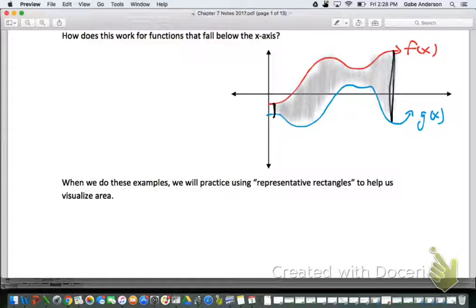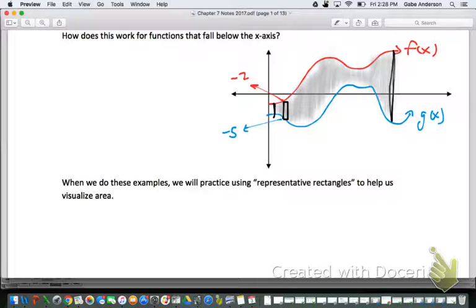So how does this work out for a representative rectangle? I'm going to look at a couple cases here. If we have both curves under the x-axis, according to the formula, we're supposed to go high function minus low function. So I want you to think about this. For the red function right here, the y value might be, let's just say, -2. And for the blue function right there, maybe this would be like -5.